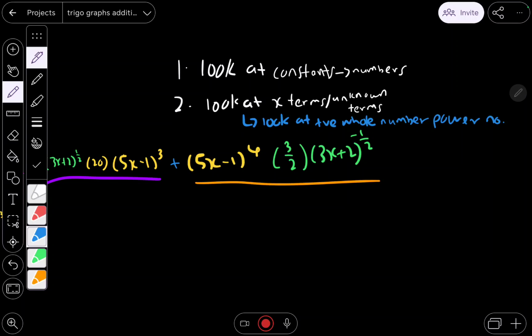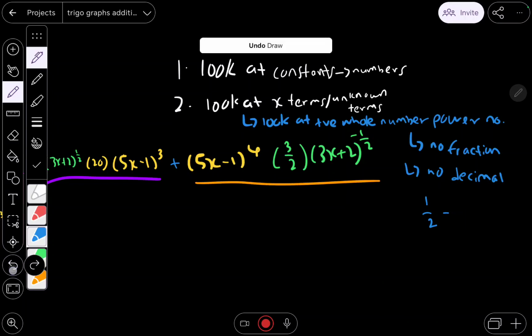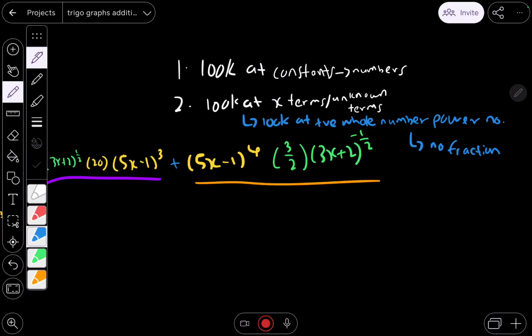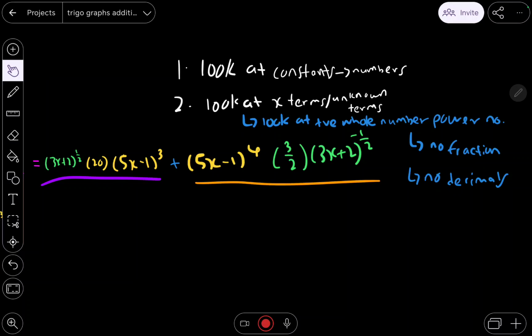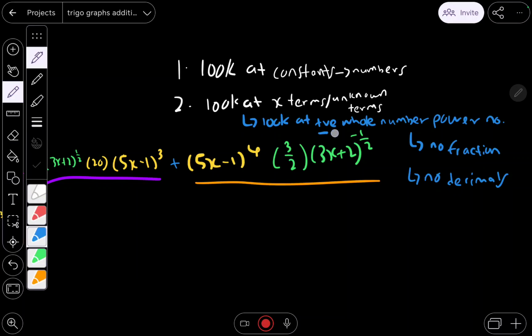Positive whole number powers, whole numbers, that means I don't want any fraction, no decimal. Usually it's just fractions, but half is the same as 0.5, so I'll write no fractions, no decimals.